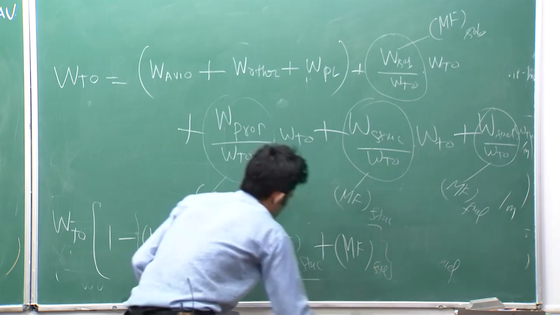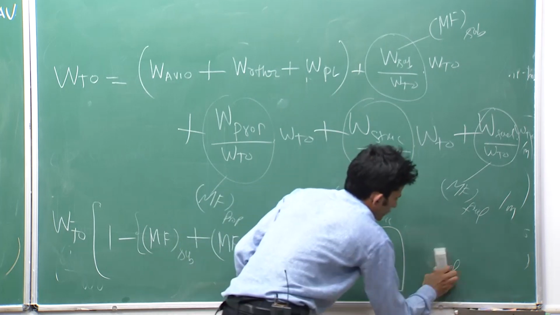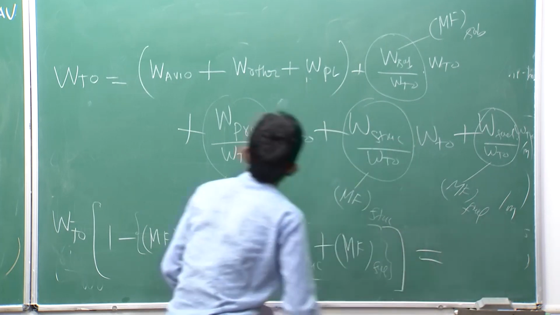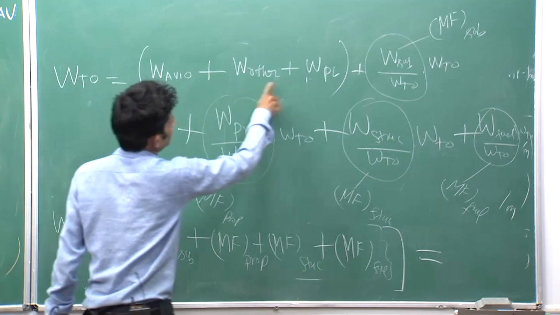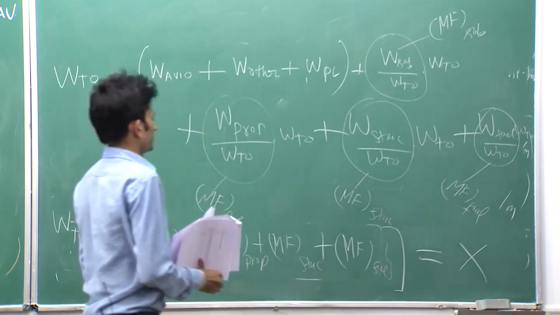So, this bracket equals W avionics plus W others plus W payload. Let us call it X.